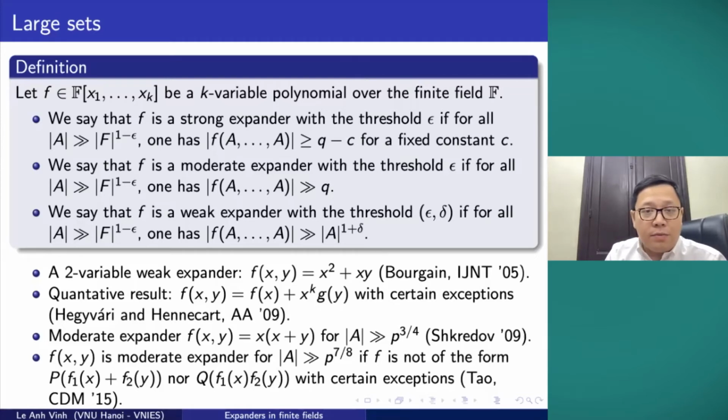So Tao proved that f(x,y) will be a moderate expander given that A is bigger than P to the power 7 over 8, and the polynomial is not of the form with additive or multiplicative structure.